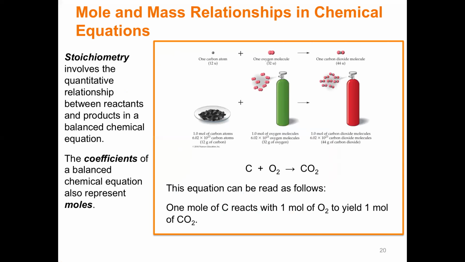And this is why it works when we can actually figure out how much of these need to combine, because you're not going to be able to weigh out 12 atomic mass units of carbon, but you can weigh out 12 grams of carbon. And that's the really important aspect of this, right? So these coefficients in chemical equations actually represent the number of moles, all right?